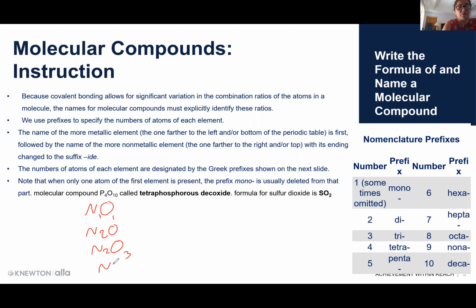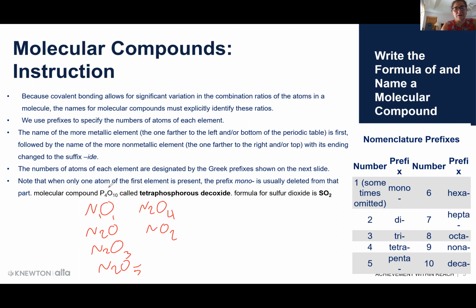You could have more. These combinations are allowed and it's not always the empirical formula, even if it's N2O4 or NO2. These are all possible compounds of nitrogen and oxygen.